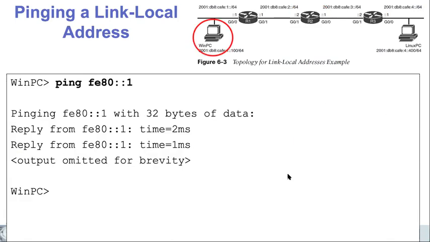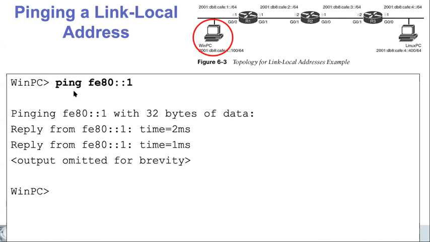Okay, in a Windows PC, remember, we don't have to. Windows PC will just send it out whatever interface is most efficient. Remember, your routers will have multiple interfaces on different networks. Your clients typically belong to one network, so it knows that this interface ID is just going to be on its one network. Okay, that's Windows' take on it.